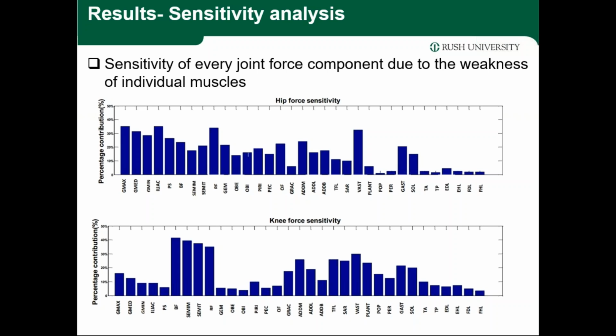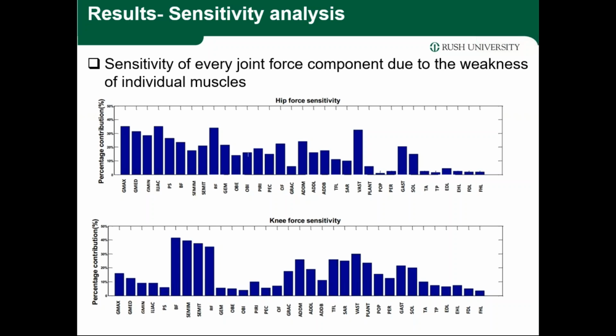How is hip force changed if the gluteus medius is weakened, or if we have a reduction in the strength factor of biceps femoris or rectus femoris? We see that AnyBody can help us to calculate the joint forces in response to individual weakness in muscles.